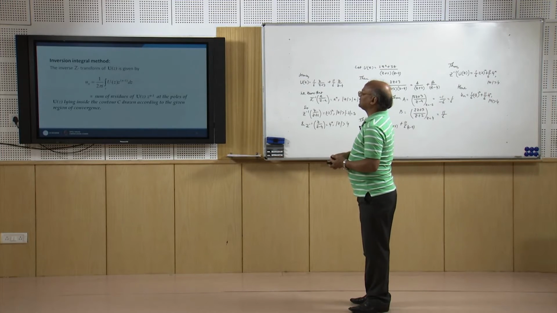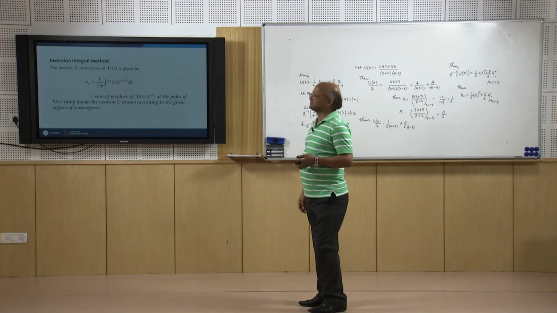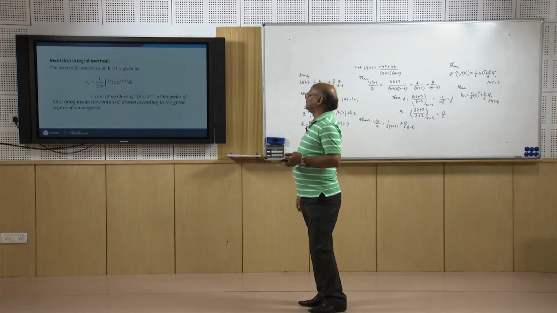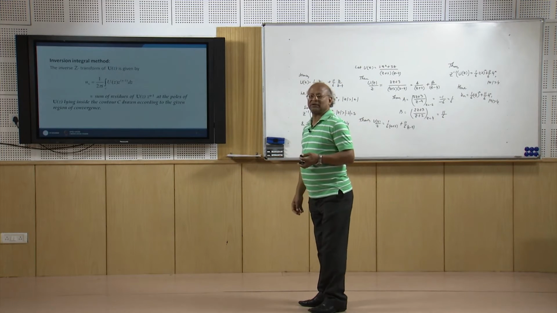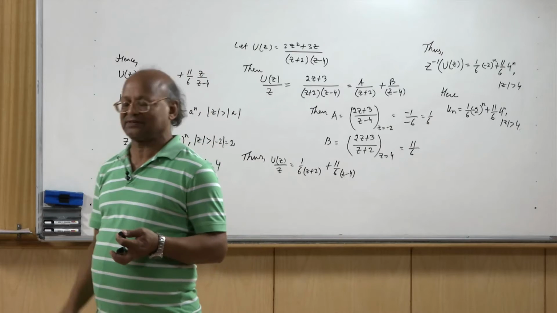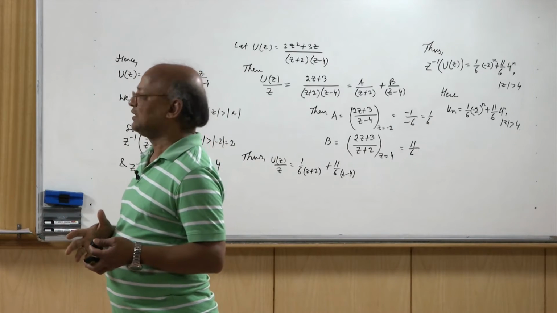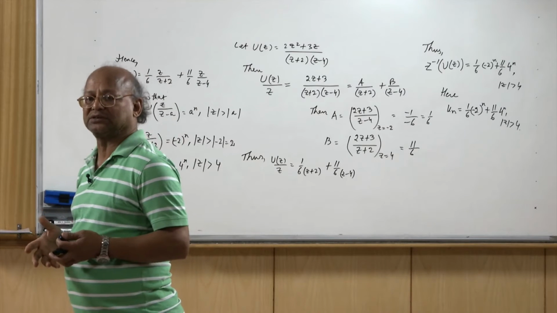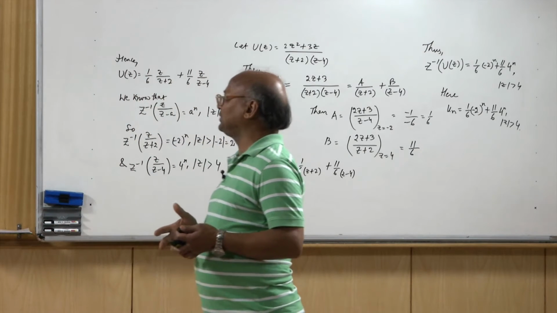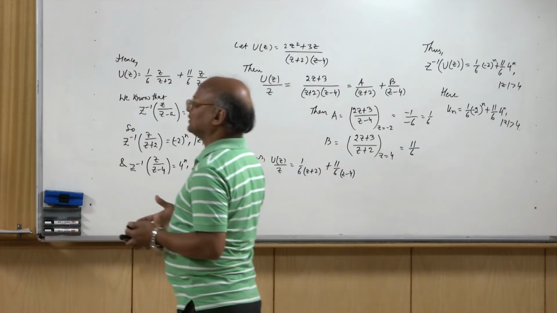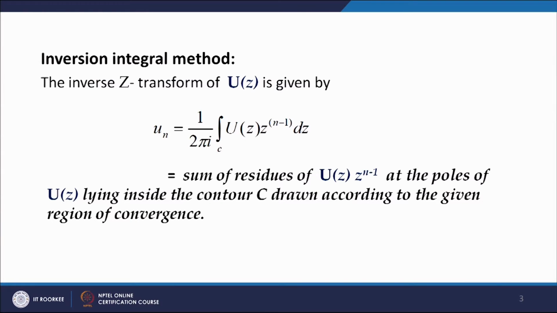Now there is another method which is known as the inversion integral method. Here we will need the knowledge of complex analysis, that is the contour integration. I hope that you are familiar with this contour integration. If you know contour integration, you can use this method also to find the inverse Z transform.